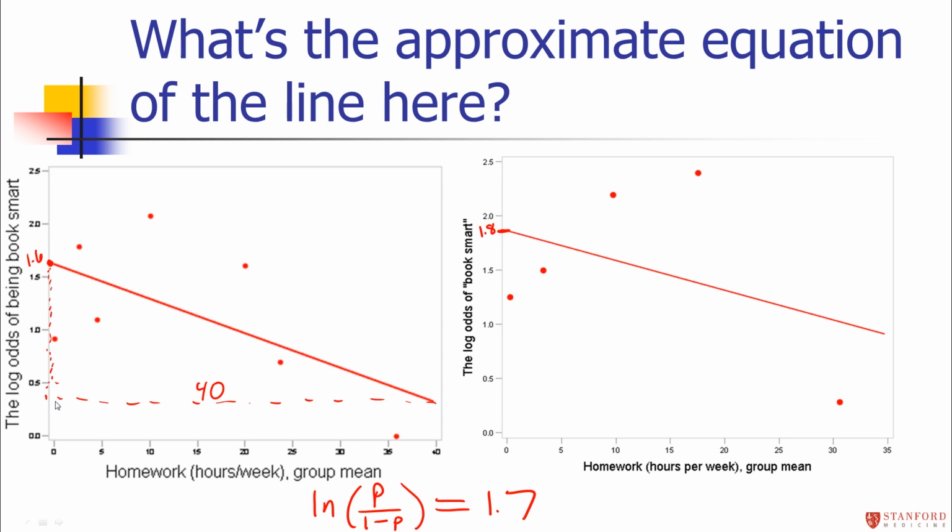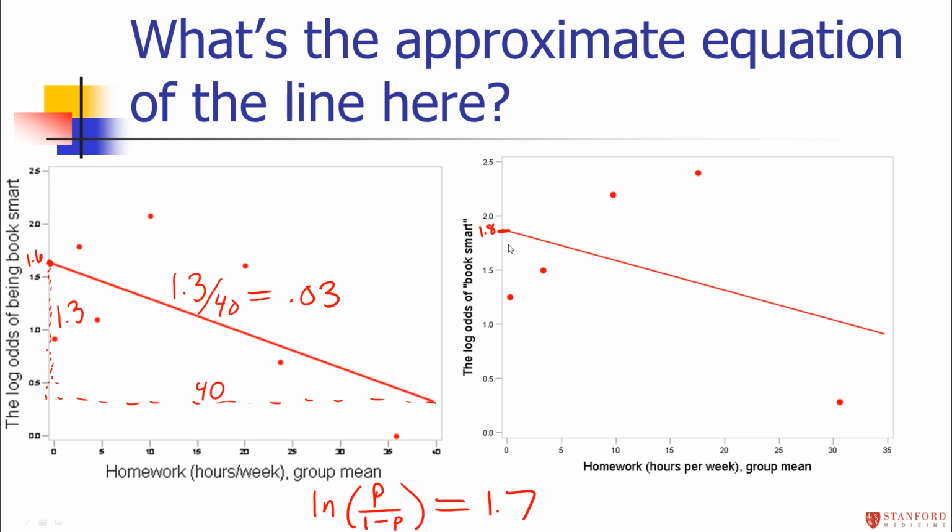On the y end of things, if you approximate, it's maybe going from about 0.3 to 1.6. I'm going to just call it 1.3. So we go up 1.3 in the log odds. So the slope here is rise over run, so 1.3 divided by 40, or approximately 0.03. So the slope here is about 0.03.